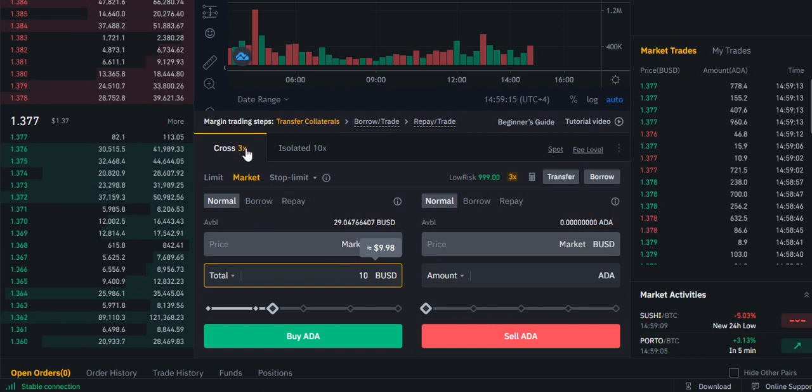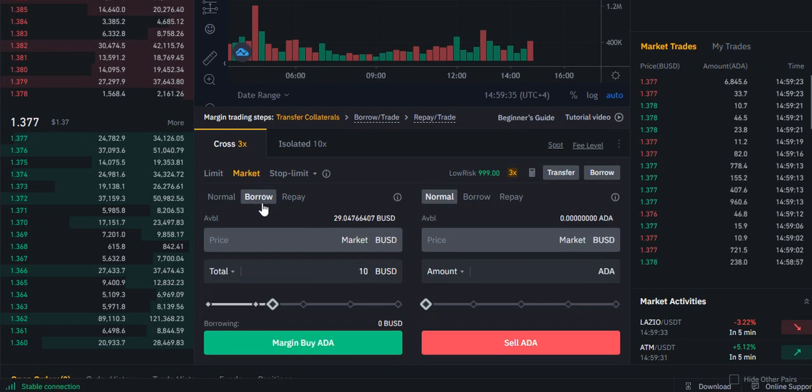What is this cross multiple of 3? I'm giving $10, and the exchange is also giving me extra borrowed money with the multiple. So I will click here on borrow, right?